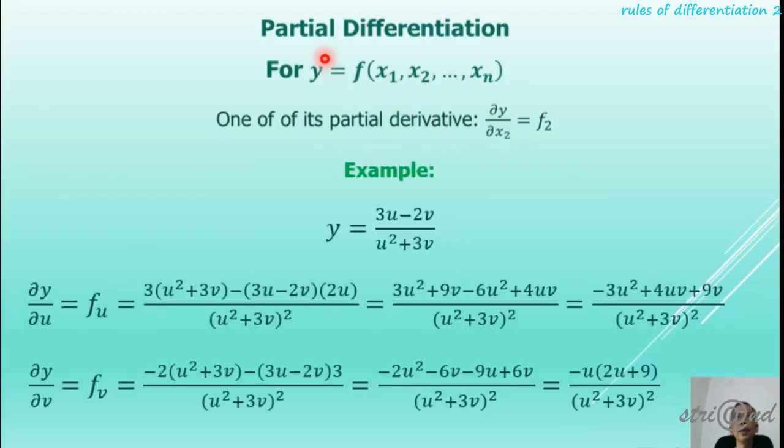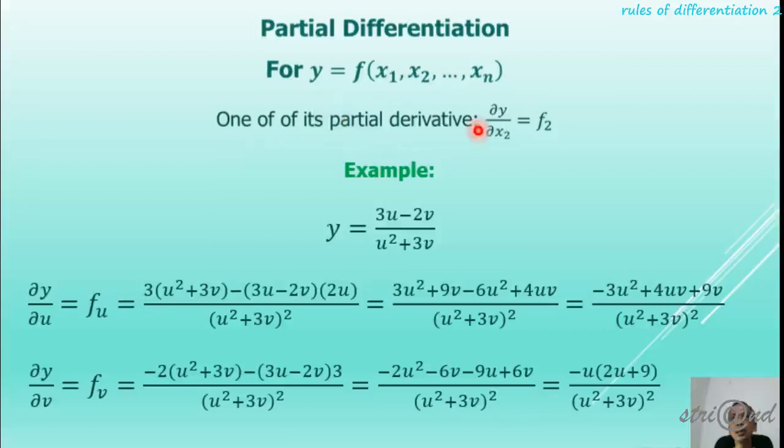When we have y as a function of x1, x2, x3 and so on until xn, the derivative of y with respect to x2, for example, is only a partial derivative, because y can also be differentiated with respect to x1 or x3 or xn.